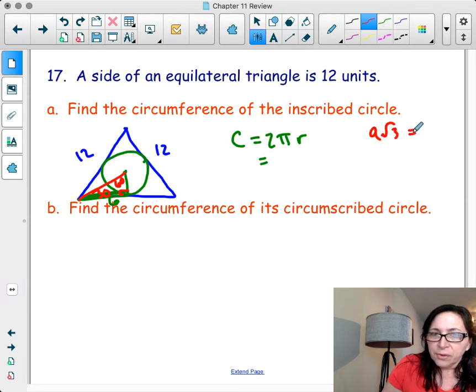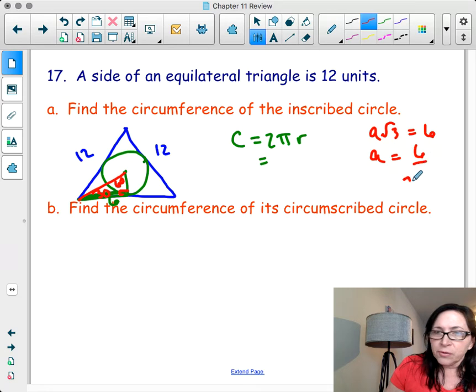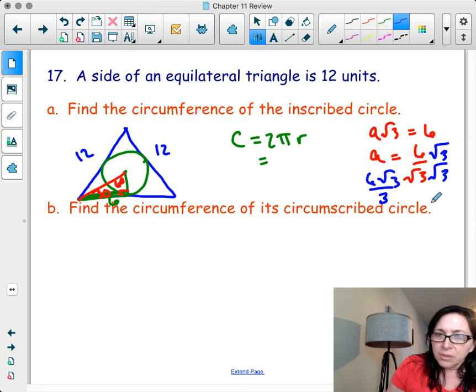So if a root 3 happens to equal 6, then a is equal to 6 over root 3. But you're not going to leave a root in the denominator, ever. So we're going to multiply by root 3 over root 3. So we get 6 root 3 over 3, which ends up being 2 root 3. So our little apothem here, which is across from 30, ends up being 2 root 3.